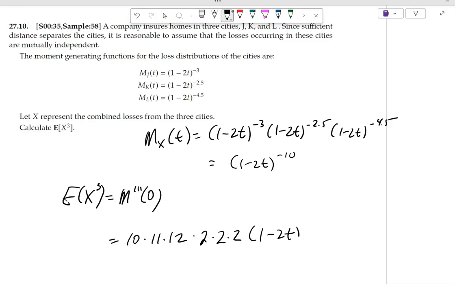And then 1 minus 2t to the negative 13th. That part doesn't really matter because when you plug in 0, I just get 10 times 11 times 12 times 2 times 2 times 2. This looks like a fun calculator problem. Whatever 1320 times 8 is. 12 times 11 is 132, so I got 1320 and then times an 8.